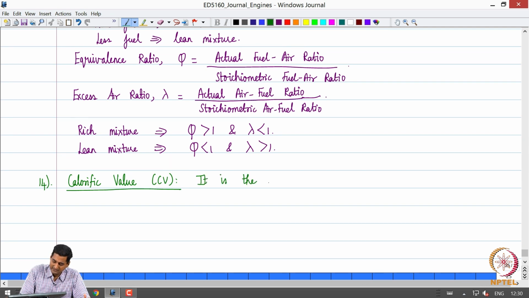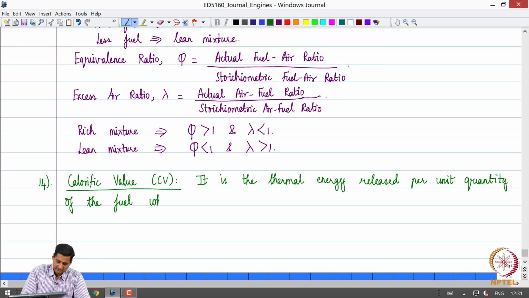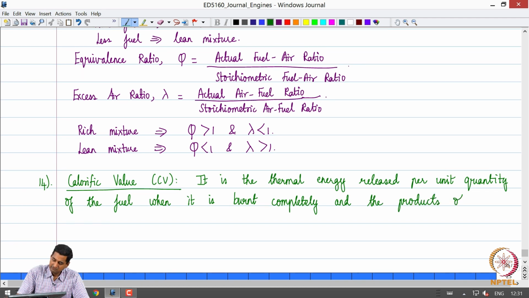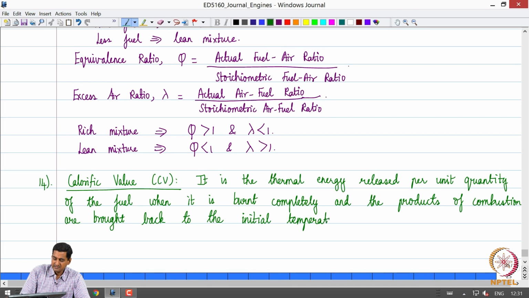The calorific value of a fuel is the thermal energy released per unit quantity of the fuel when it is burnt completely and the products of combustion are brought back to the initial temperature. So, that is the calorific value of the fuel.